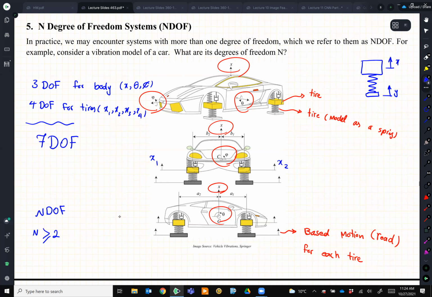You consider it as a single degree of freedom system, SDOF or 1DOF, right? So the base, no, this is the excitation. And each of them, of course, has its own excitation, because when your car is on a road, each point has a different excitation. It might be the same or it may not.